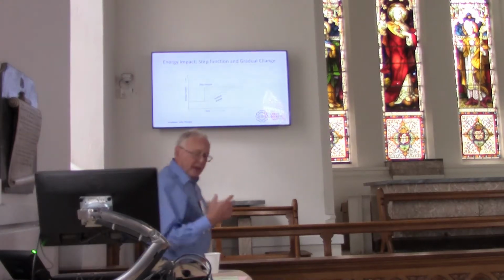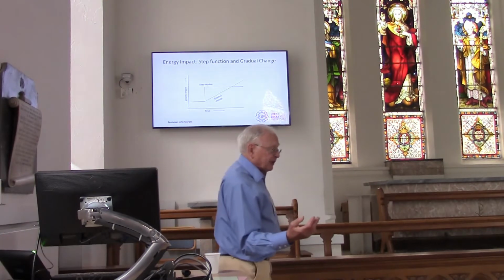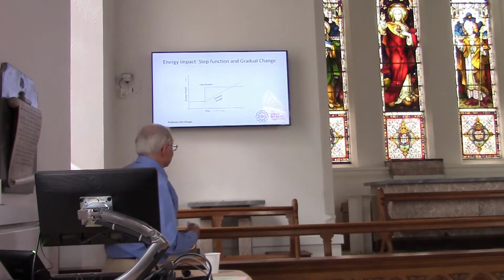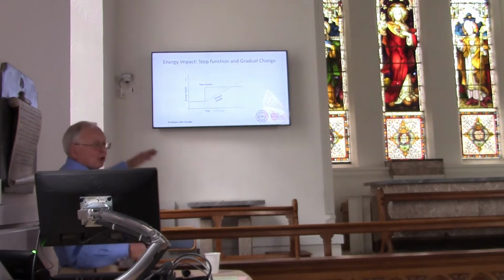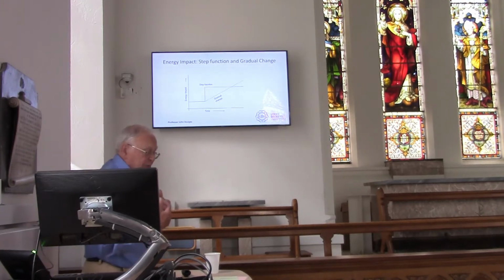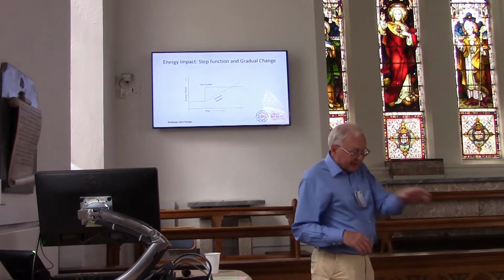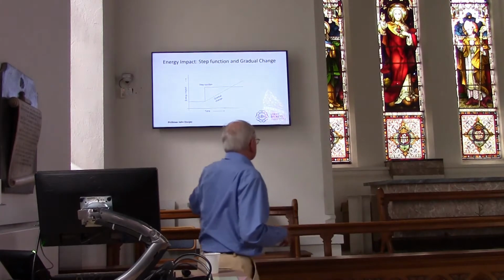Now, I've put this figure in because there's 2 ways you can deliver energy. The Chicxulub meteorite delivered it all in one blob. So you've got a sort of step function put into the system. The way we do it progressively, and the way that the Siberian traps and Deccan traps did, was in a progressive way, a ramp function.